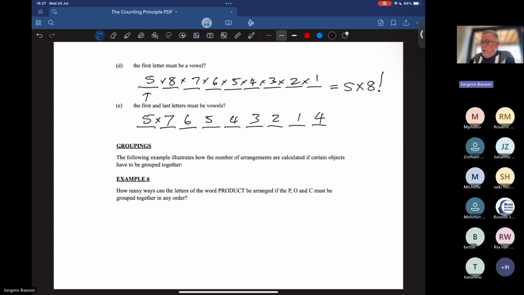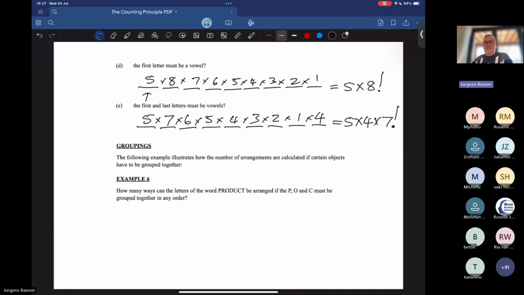So when I multiply this, then we will get 5 times 4 times 7 factorial. I will suggest that you tell your learners that they put it exactly like that on the calculator and just write down the final answer. 5 times 4 times 7 factorial. So I hope that is okay so far.